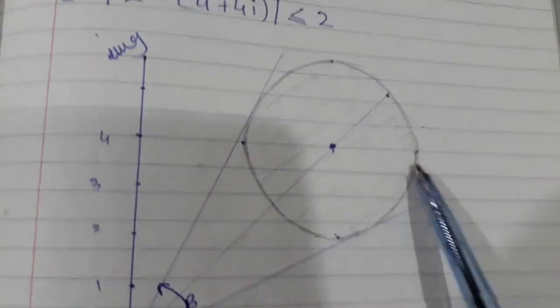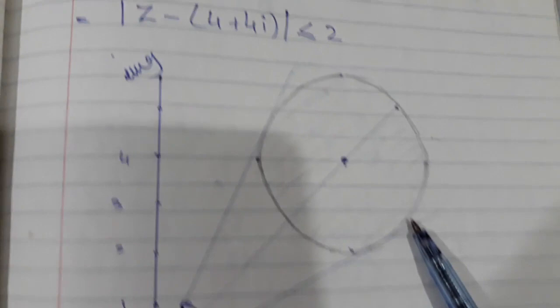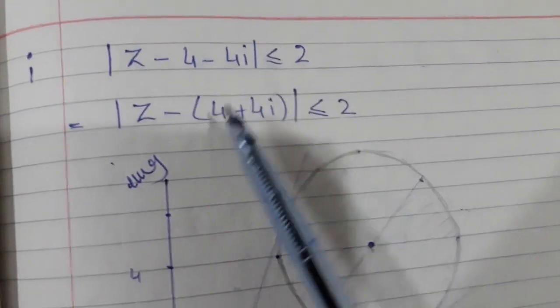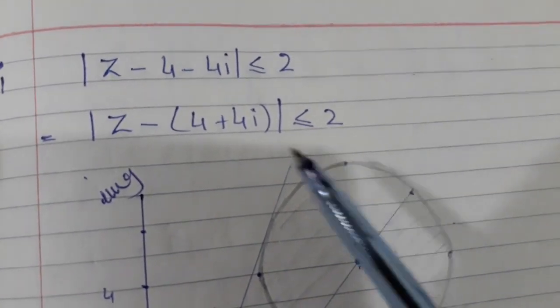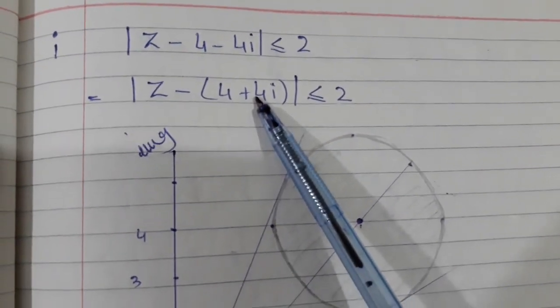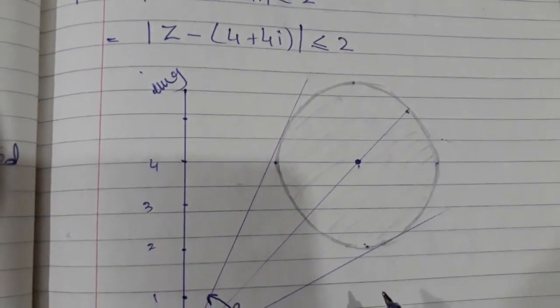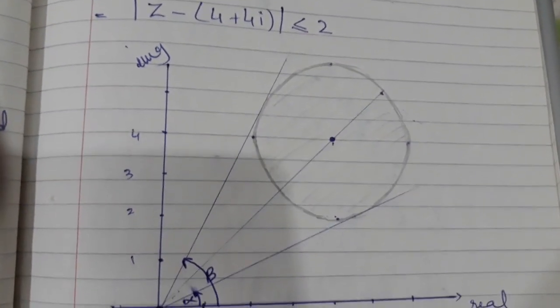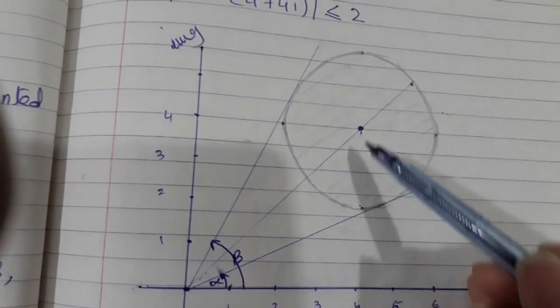Okay, so this is the circle I'm talking about. So the point was actually this. When I change this into standard form, my center of the circle is 4 plus 4i and less than or equal to 2. So the important thing when you are sketching it, remember (4, 4).